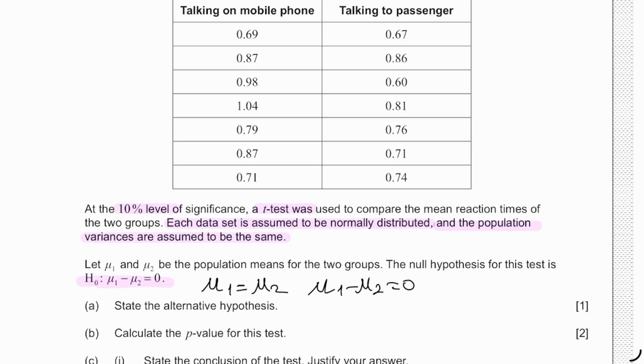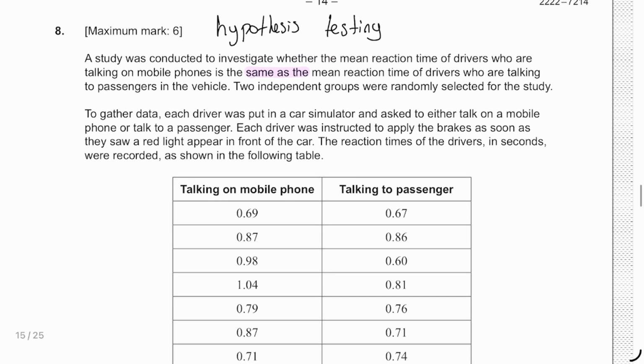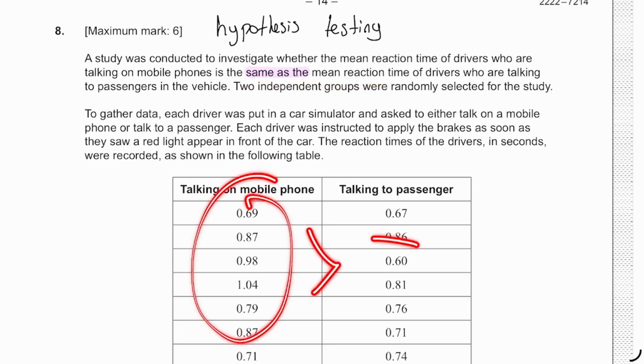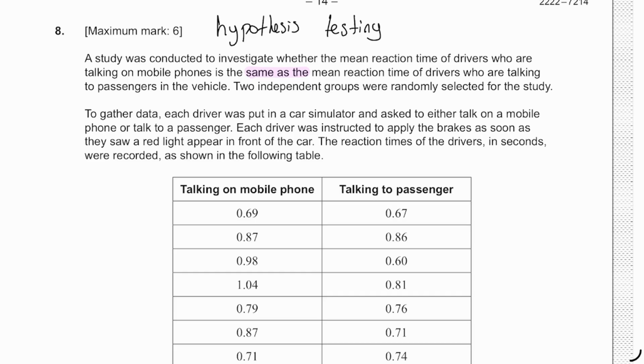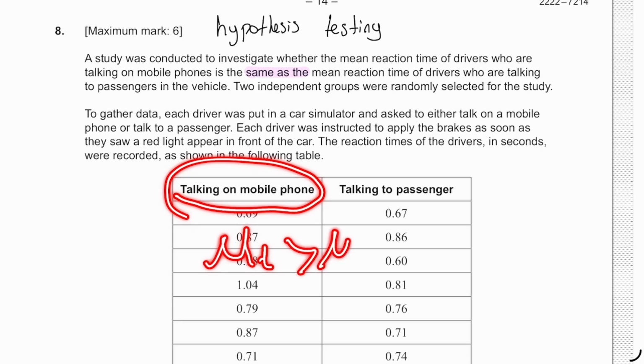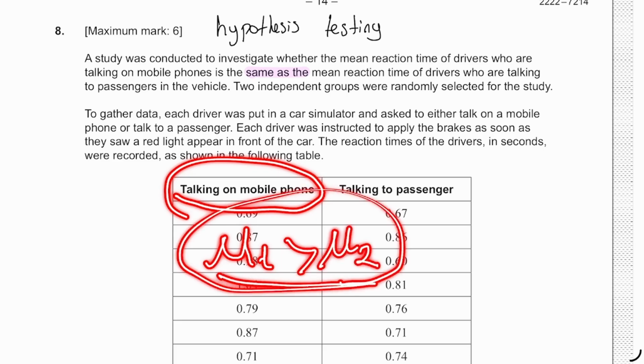Alternative hypothesis, they are not equal, because in the question they say is the same as or not, right? It does not say first group bigger than second group. If they said this, our alternative hypothesis would be mu1 bigger than mu2. It would be a one-tailed test, but here we are just wondering whether they are equal or not.